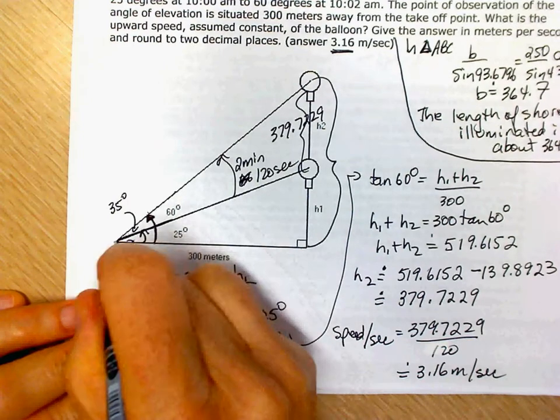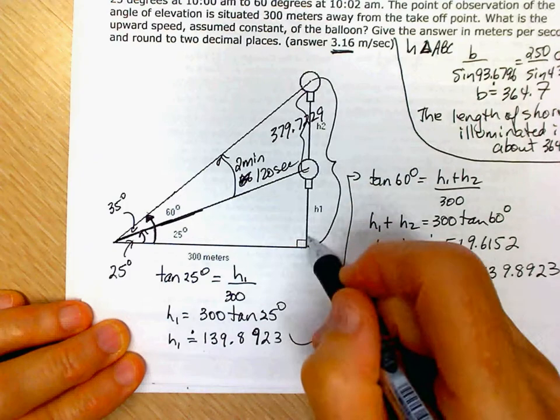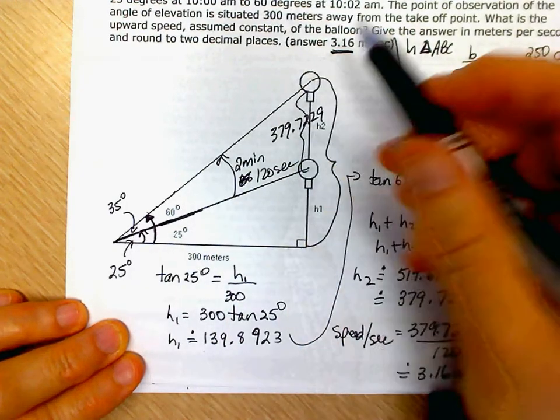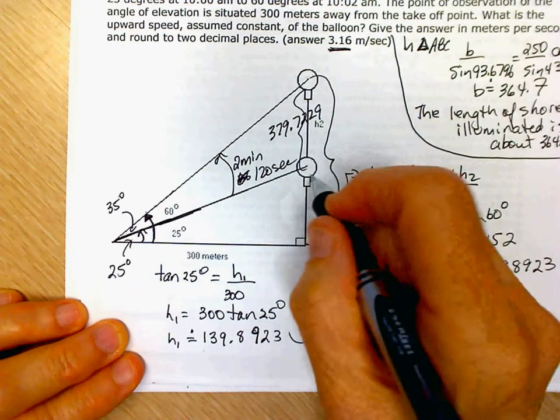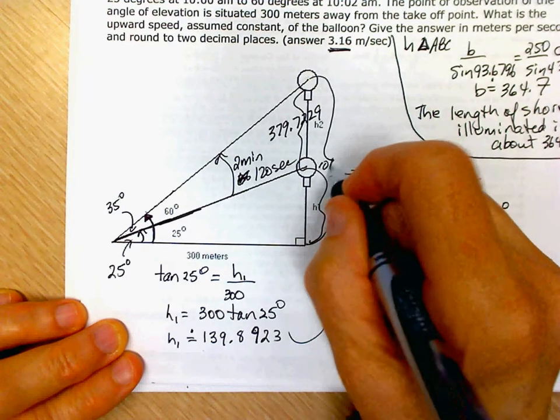At 10 o'clock you're there, and at 10:02 you're there. So that distance is traveled within 2 minutes. You know this distance was traveled by 10 a.m. and this additional distance went to 10:02.